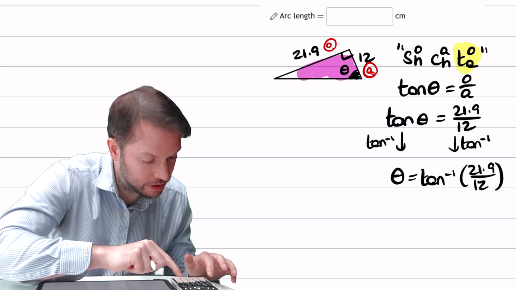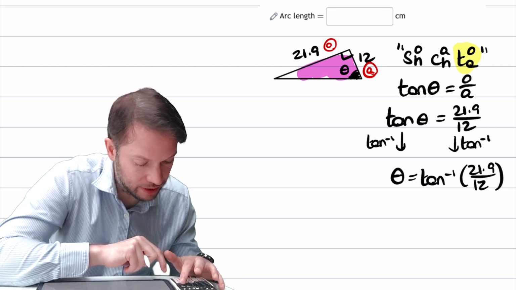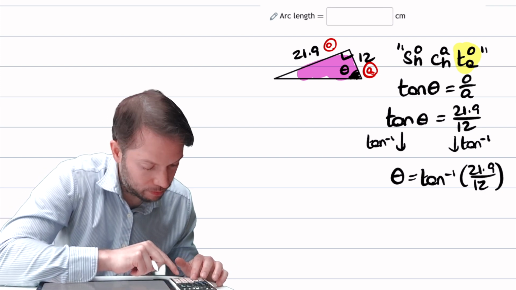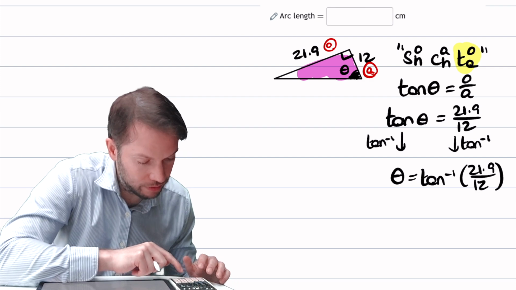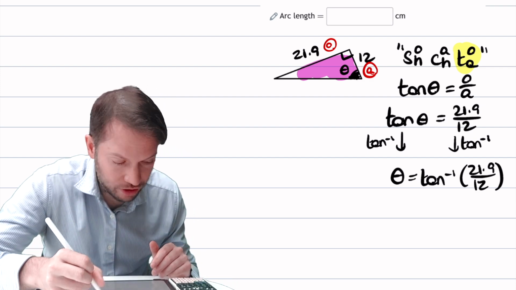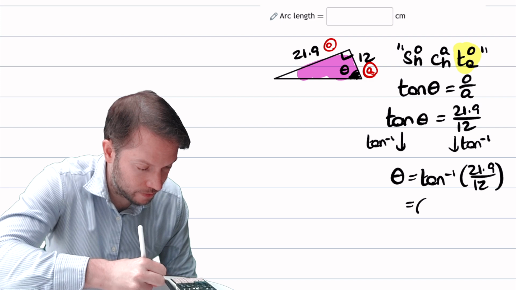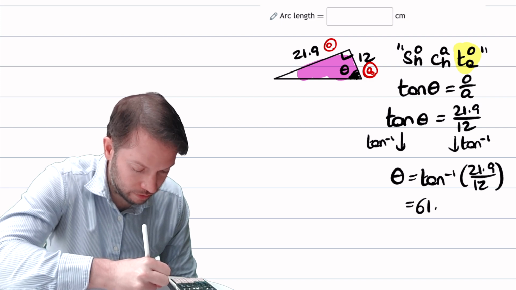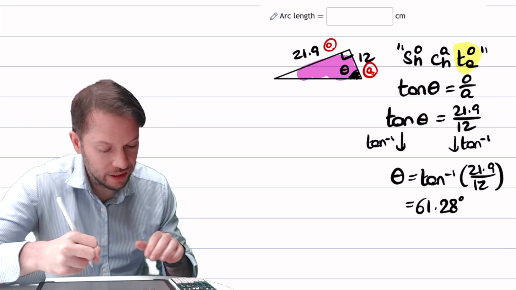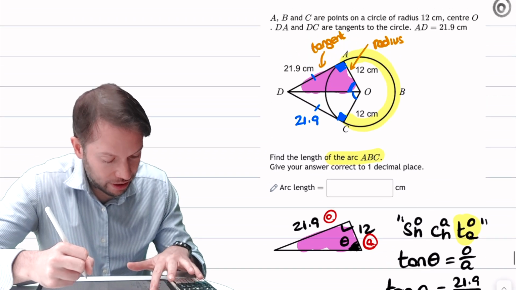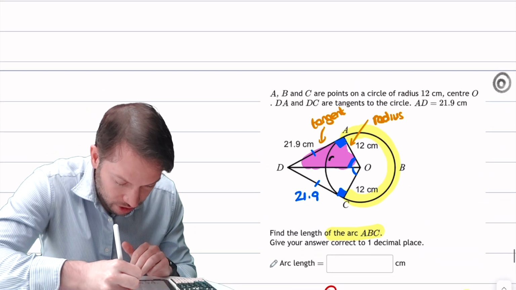So we do shift tan, or your calculator might be different, to get the inverse tan of 21.9 over 12. And that gives you, let's do a few decimal places, 61.28 degrees. Okay, great. So this is 61.28 here.